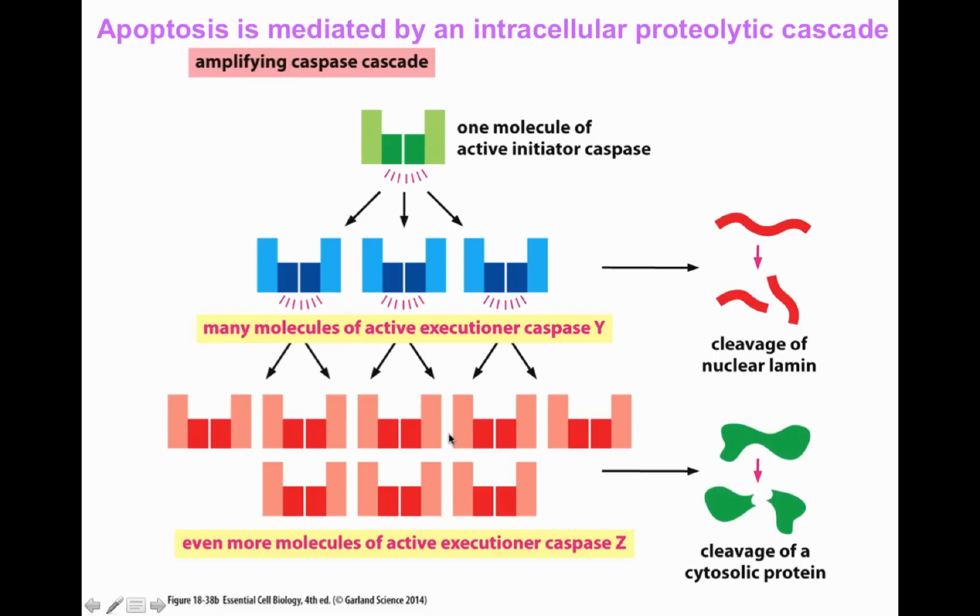So you have an amplification event. This amplifying cascade of caspases is going to lead to the cleavage of many of the cytosolic proteins, including, for example, the actin filaments. And when the actin filaments are destroyed, they're going to allow the cell to begin the blebbing process.